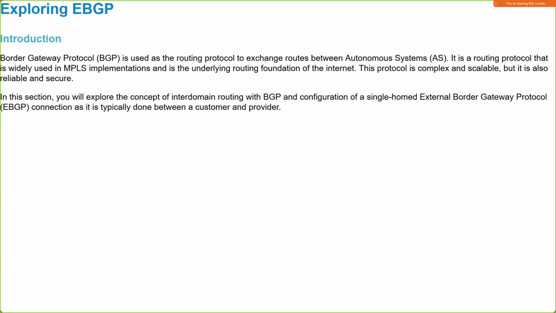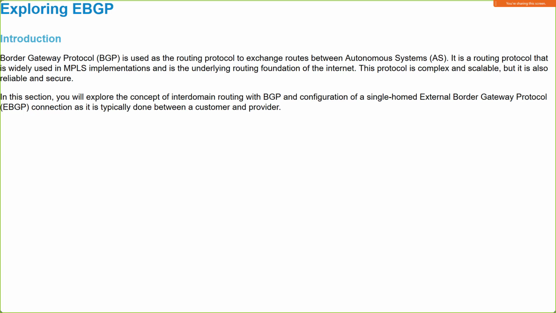BGP as a protocol is completely different than any other routing protocol that you learn about in any advanced routing course. BGP is an application layer protocol. It runs over TCP as opposed to running over the IP layer directly. So it uses things like TCP keepalives and the three-way handshake to establish an adjacency.